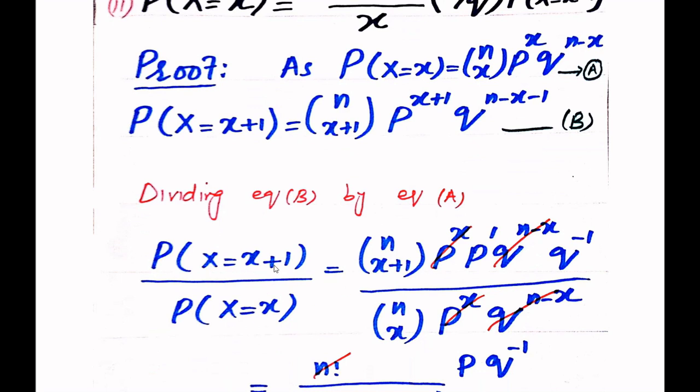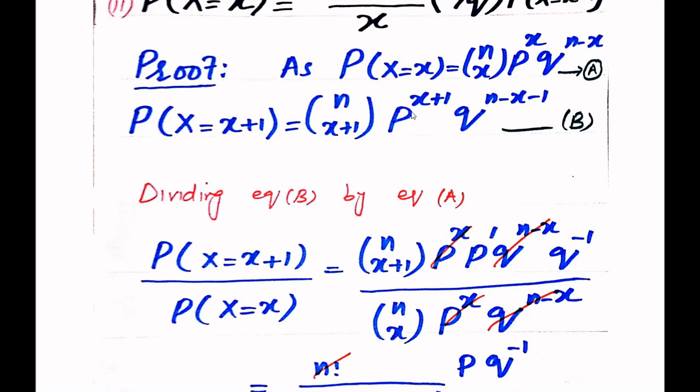Probability of capital X is equal to x plus 1 over probability of X equal to x is equal to nC(x+1) p^(x+1) q^(n-x-1) over nCx p^x q^(n-x). We split these terms. p is the probability of success.